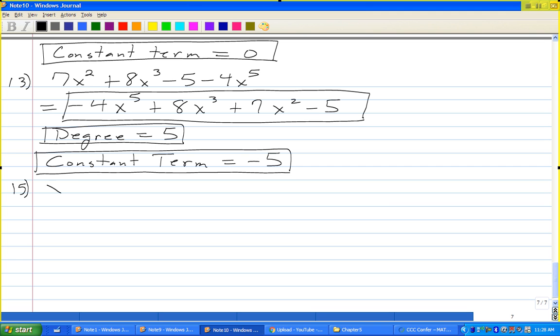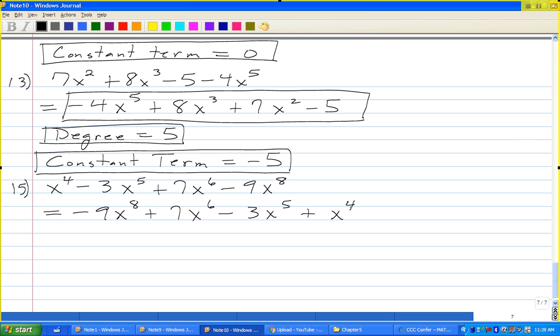x to the 4 minus 3x to the 5th plus 7x to the 6th minus 9x to the 8th. And so, writing the descending order, negative 9x to the 8th plus 7x to the 6th minus 3x to the 5th plus x to the 4th.